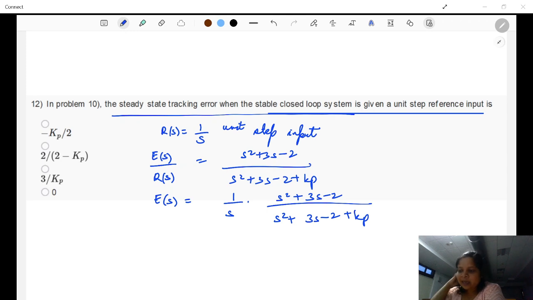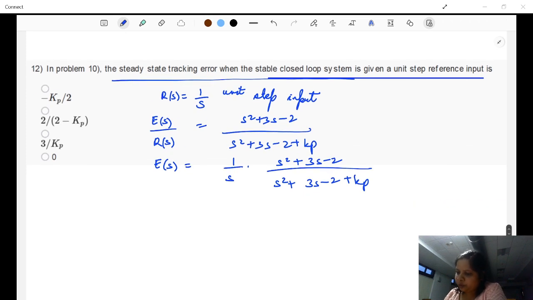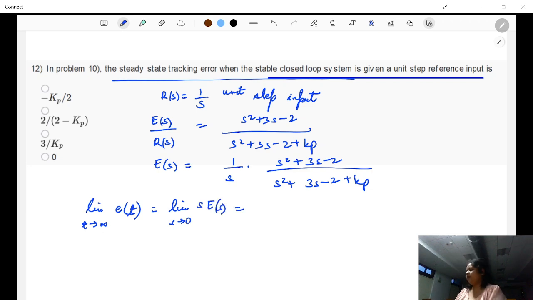Now how do we find out the steady state tracking error? We know the final value theorem, and when we apply it, it says limit t tends to infinity of error in time domain is equal to limit s tends to 0 of s into E(s), right?